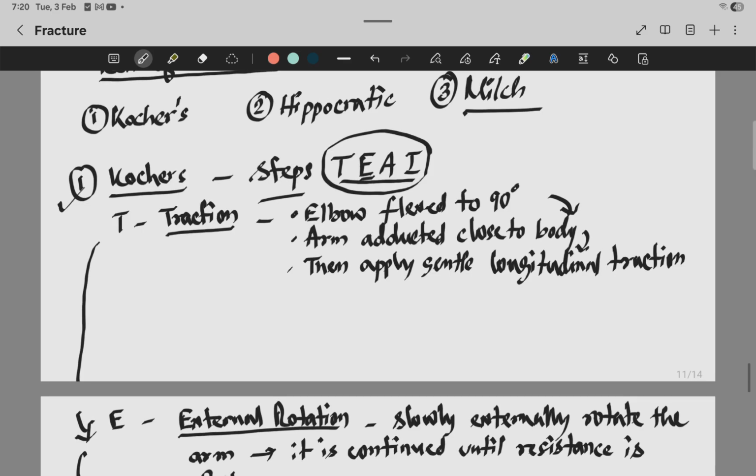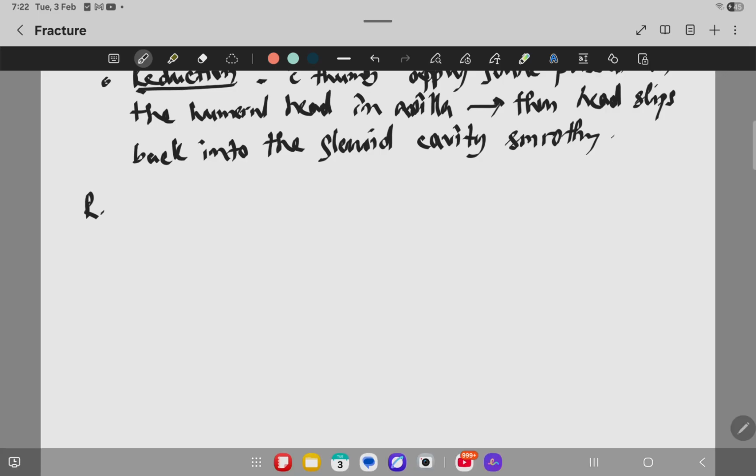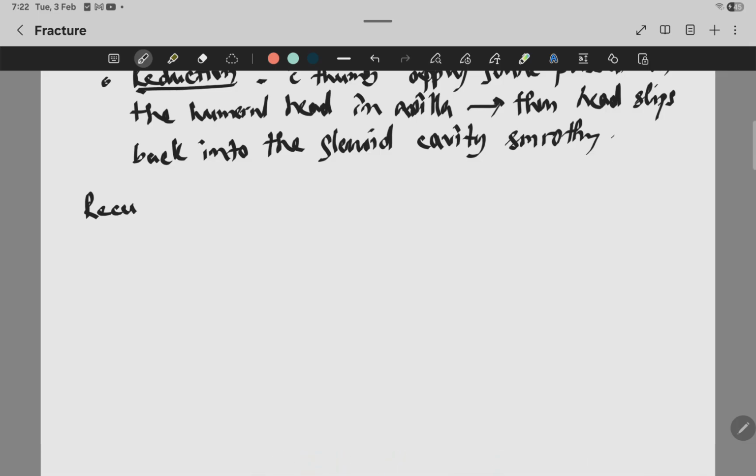Next, there is another topic associated with shoulder dislocation, that is recurrent shoulder dislocation, or recurrent dislocation of shoulder.